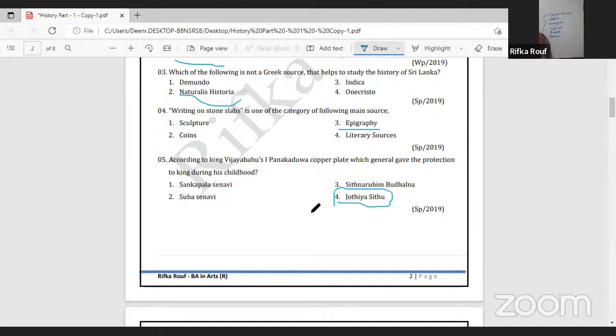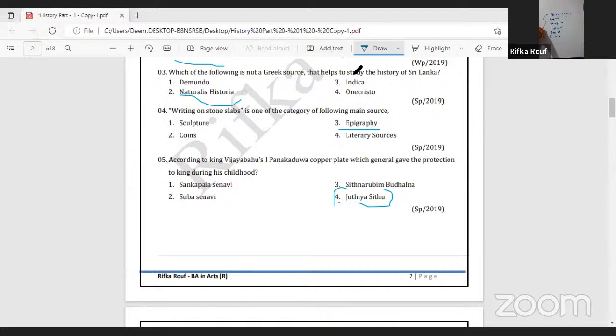Jyotiya Situ is a person, my dear, who tried to take the independence of the Kandyan kingdom from the Kotte kingdom. There was a time when the Kandyan kingdom was one of the provincial units of the Kotte kingdom. So Jyotiya Situ was one of the provincial rulers who tried to take independence for the Kandyan kingdom from the Kotte kingdom during the ruling period of King Parakramabahu VI.